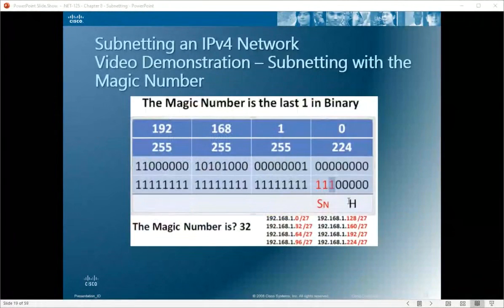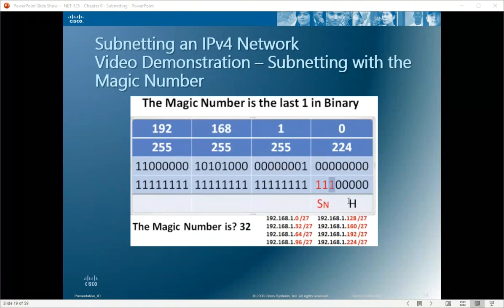So if we're using the magic number technique, if we're using a /27 subnet mask, then that means that we have 32 hosts per subnet. And thankfully, that also means that our starting address for each one is very easy to calculate, because we can just say, okay, we have 8 subnets here.